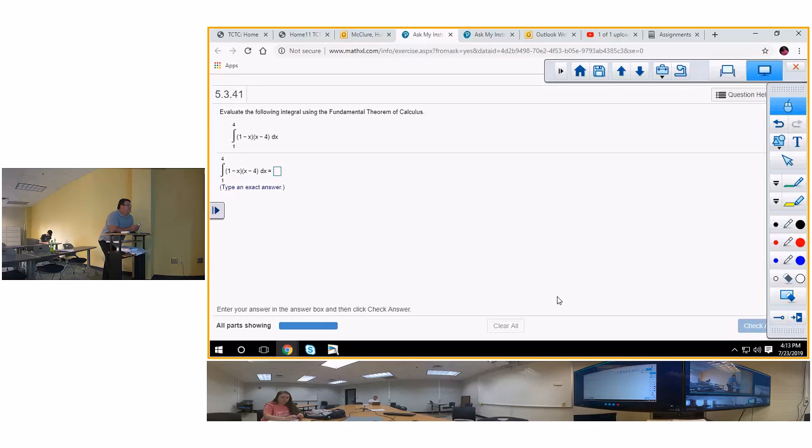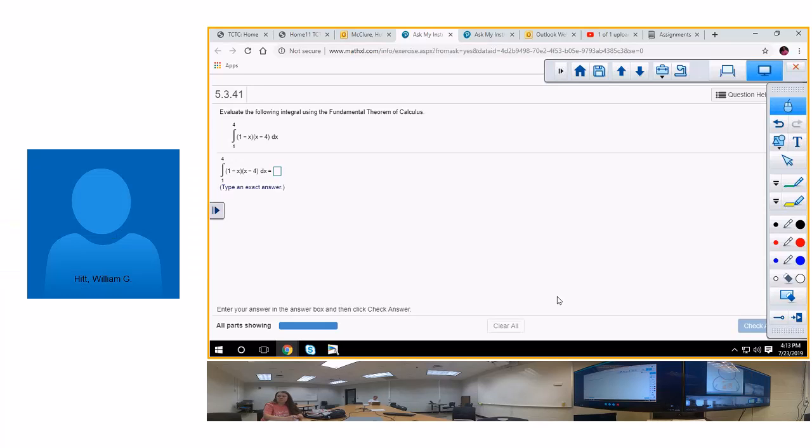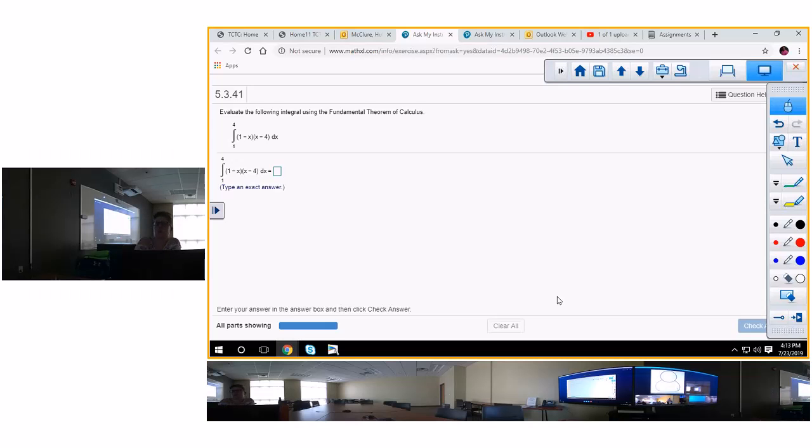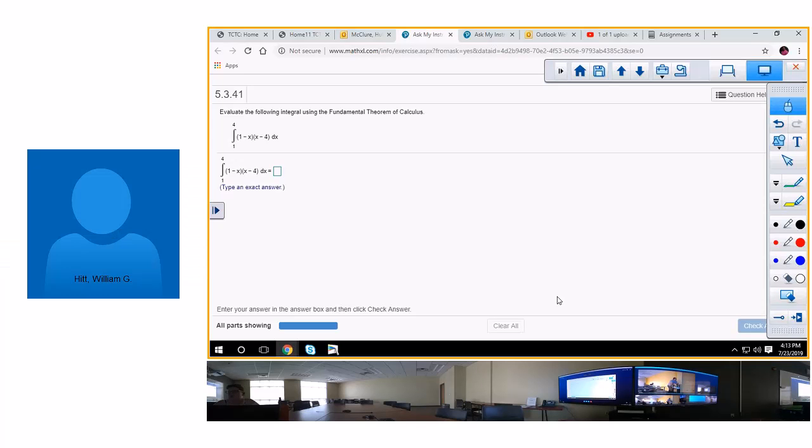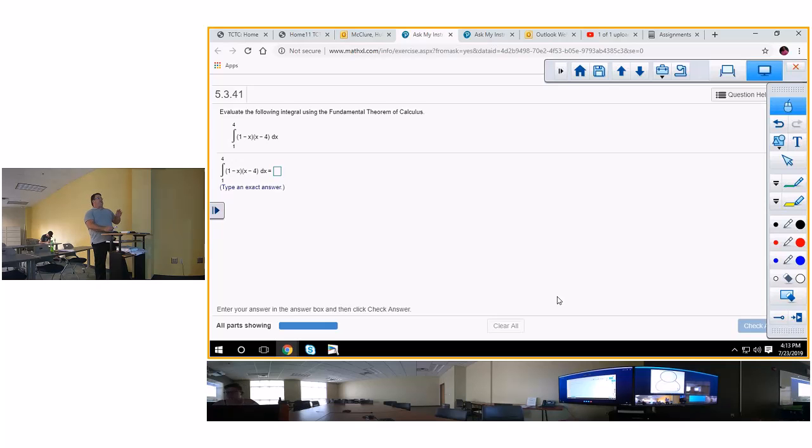I have no clue why we picked this one. Oh, come on. It's not simple. You'd have to use product rule or something. You've got to use product rule, but what do you have to use 80% in calculus? You have to use algebra to get it into one polynomial. There you go. You've got to use algebra to get it in a form that you can actually take the antiderivative of. Because remember, how many rules do you know right now of the antiderivative?